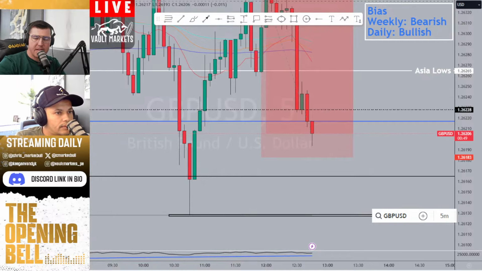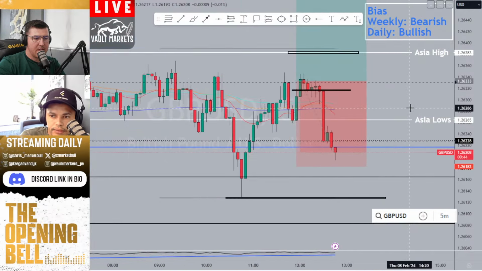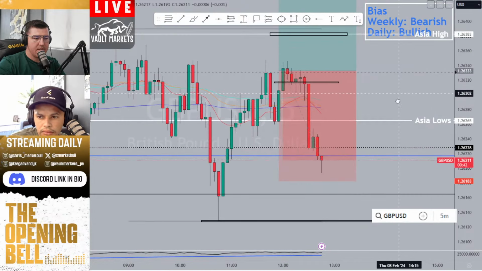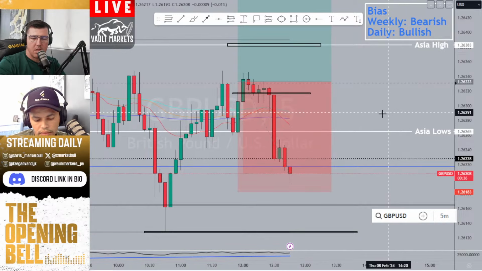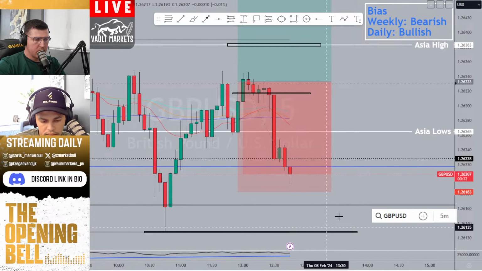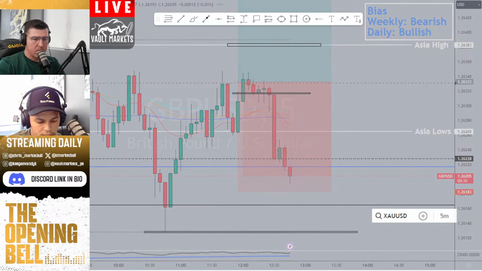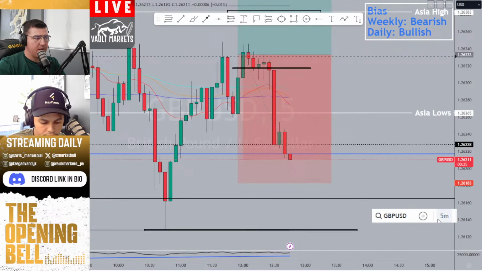Can't really see this thing turning around from here and going all the way back up here, but again, it is a crazy world. But also still effectively in this hourly range.